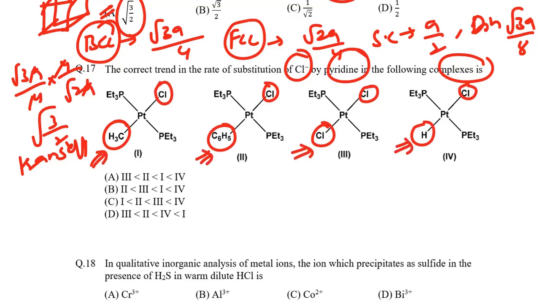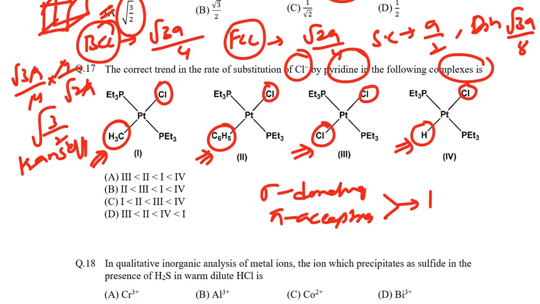Just try to look at the concept lecture in your course. For this problem, we know that the sigma donating ability and the pi accepting capacity of ligands increase the trans effect of ligands.